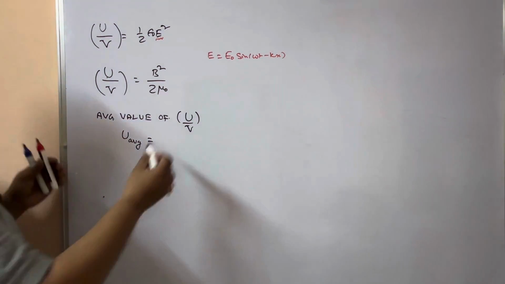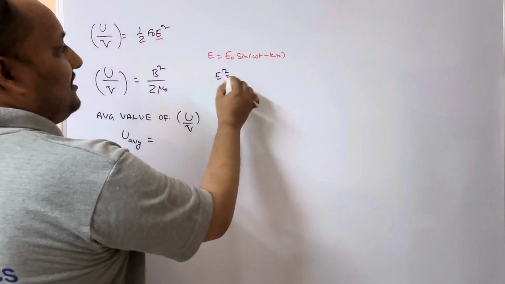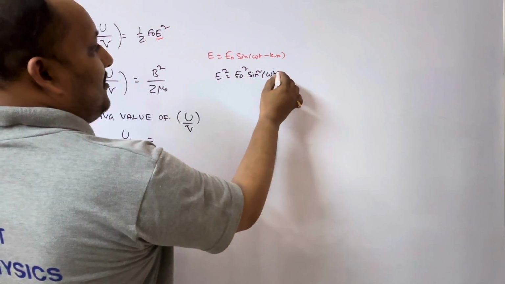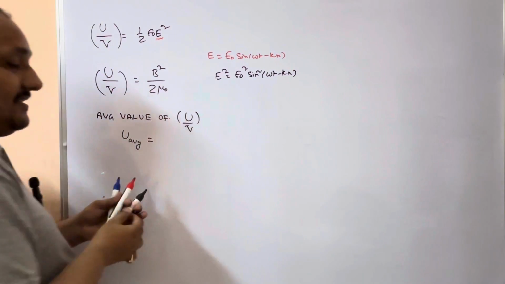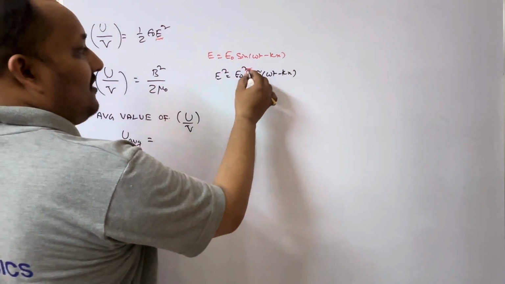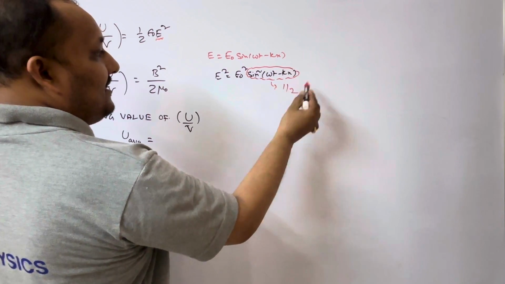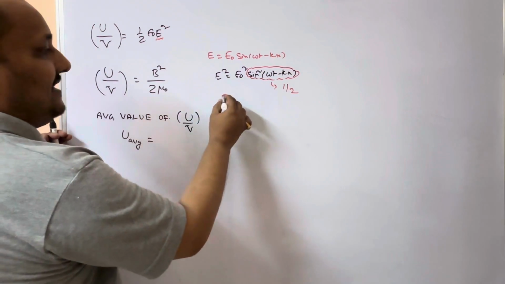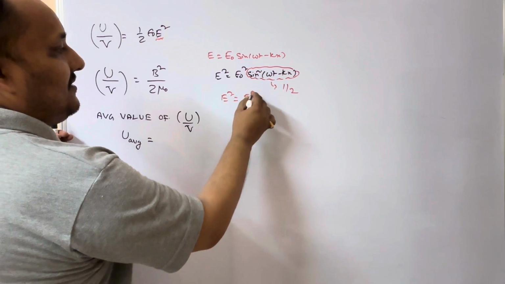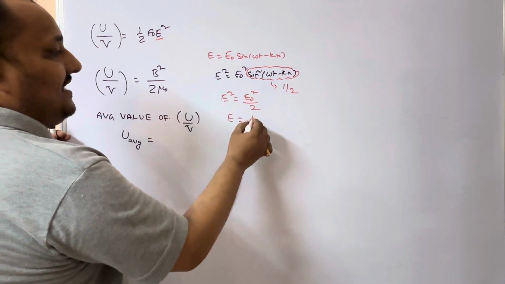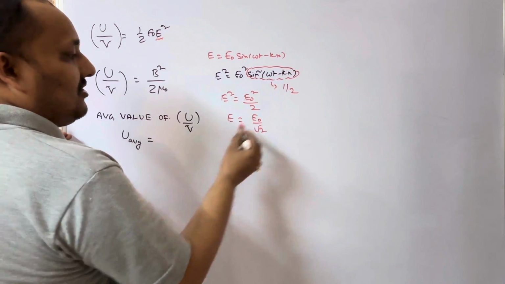Now E² is going to be E₀² sin²(ωt minus kx). Over a long time, this value gives 1 by 2. Therefore, generally they will write E² is equal to E₀² by 2, that is, E is equal to E₀ by root 2.